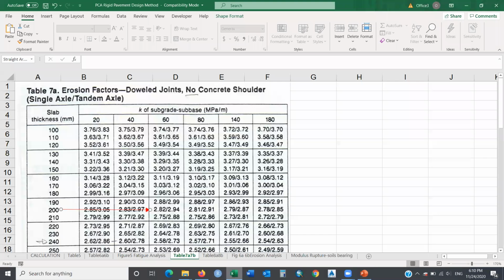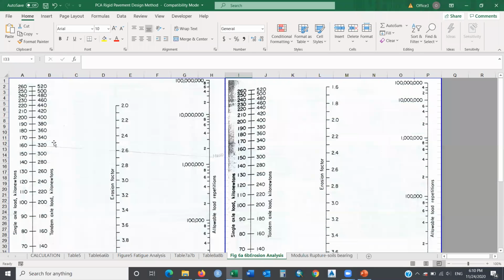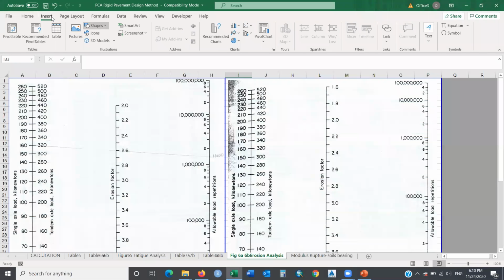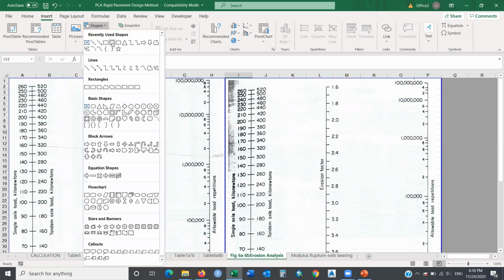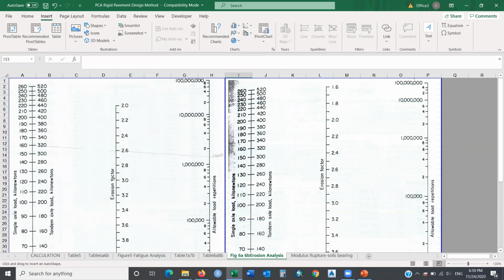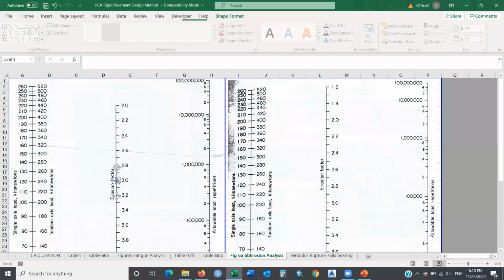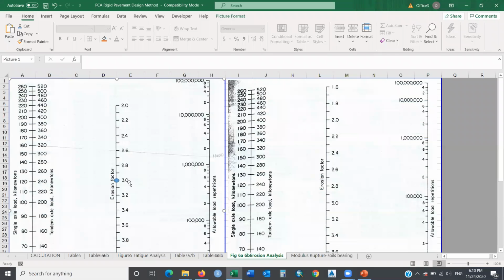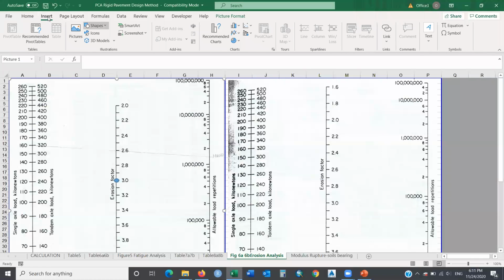Figure 6A and 6B is this figure. Basically what happens is we define a pivot point. So let's imagine my erosion factor is 3, exactly 3. My pivot will be here, it will be fixed. It's not gonna move anywhere. And I will be reading the weights.